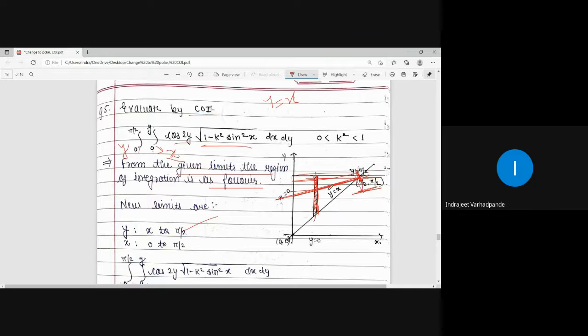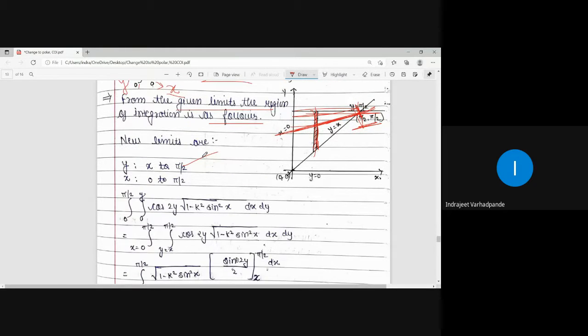So x is moving from 0 to pi by 2. So the new limits are x from 0 to pi by 2 and y from x to pi by 2. This is how the region of integration is drawn, and appropriately we will be simplifying and getting down the answer.